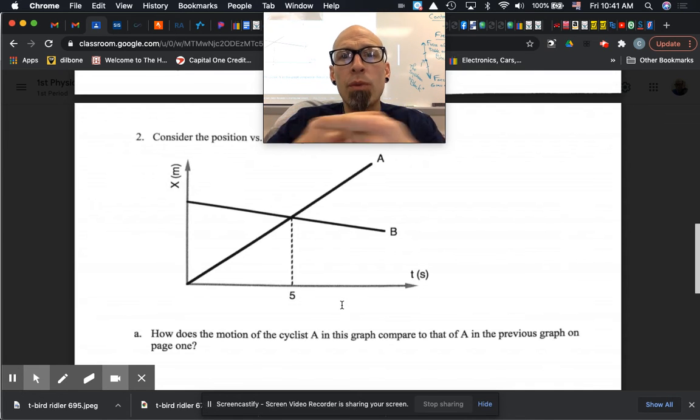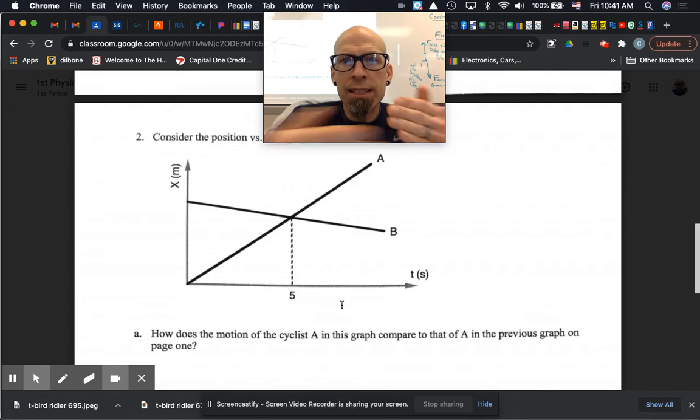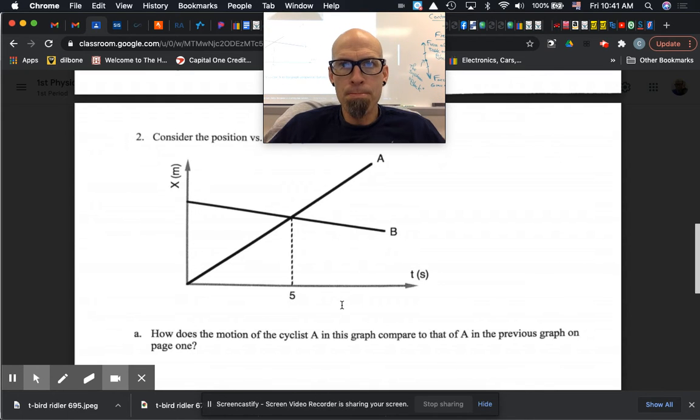That's usually how we say it when two objects are going in opposite directions and they go past each other. It's not one passing the other. Does that make sense? Hopefully.